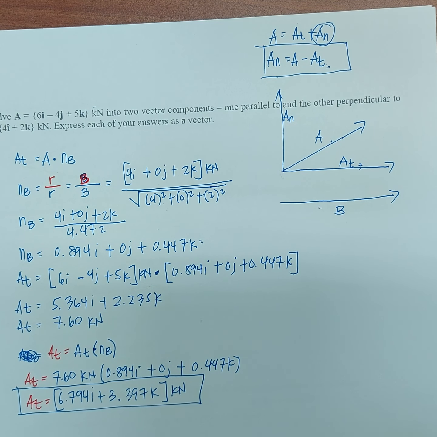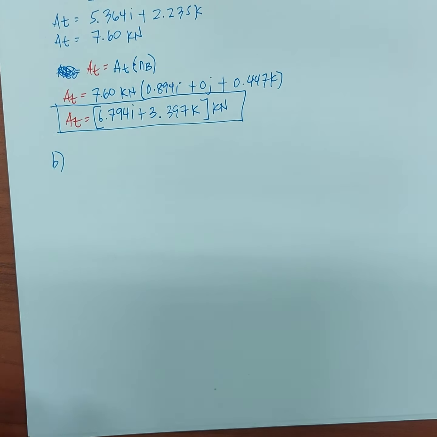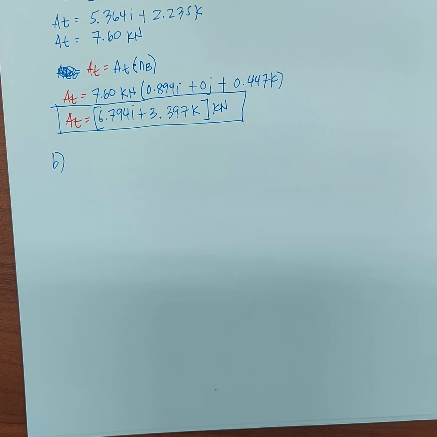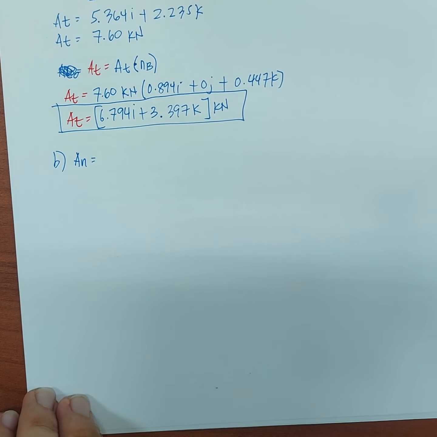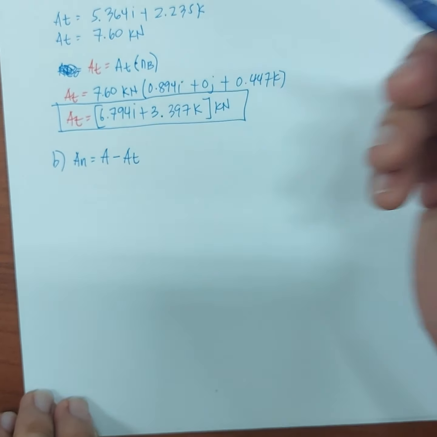Okay, so let's do that. Letter B, let's solve for the component of A that is perpendicular to B. So we are solving for AN, and from my previous explanation, AN is equal to A minus AT.